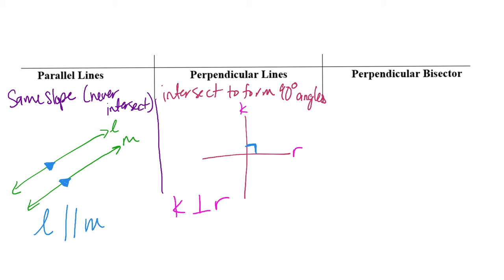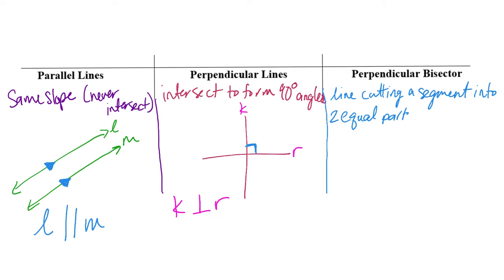Perpendicular bisector is a line cutting a segment into two equal parts at 90-degree angles.